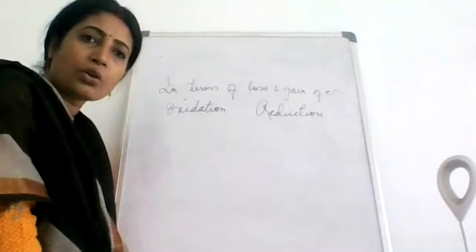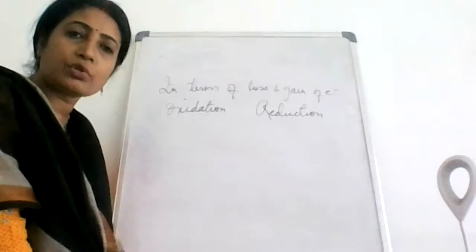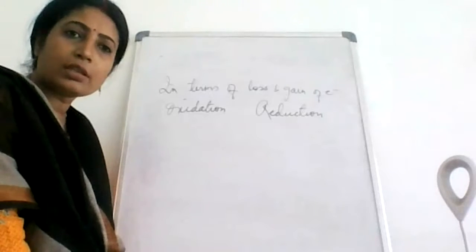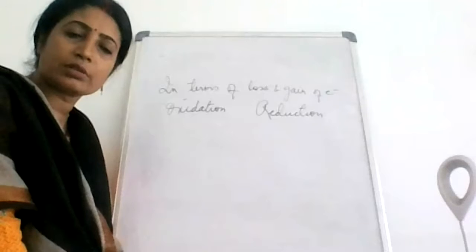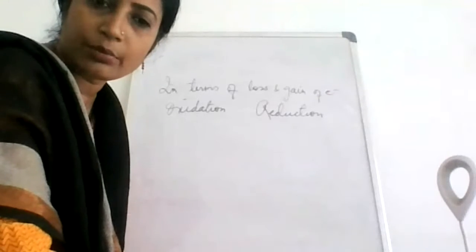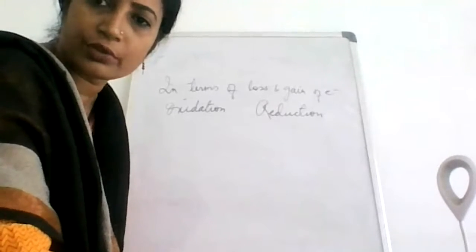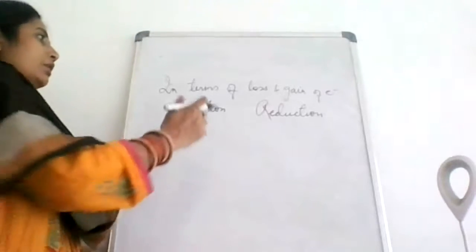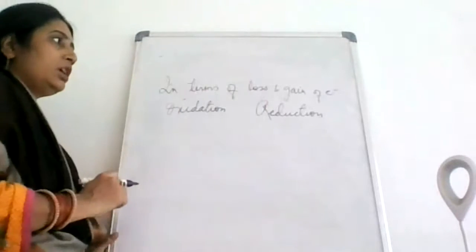Yesterday we did oxidation and reduction in terms of loss and gain of oxygen and hydrogen. Till now we were doing the same topic, but now we are going to shift to loss and gain of electrons.